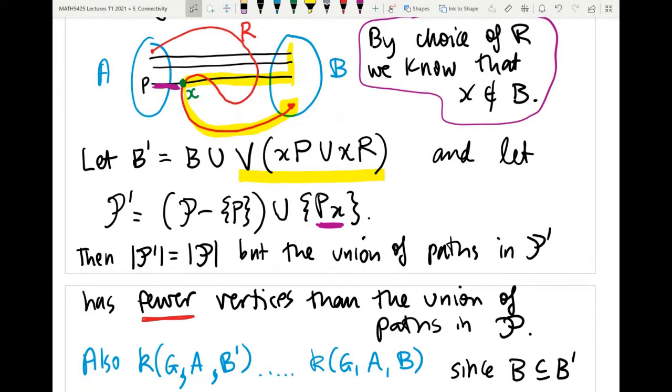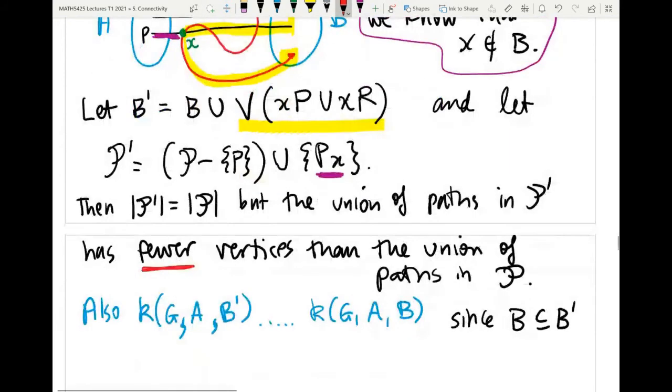Yeah, it's going to be harder because B primed is bigger. It might include some vertices of A that weren't in there before, and so the value of K cannot go down. It can only get worse.